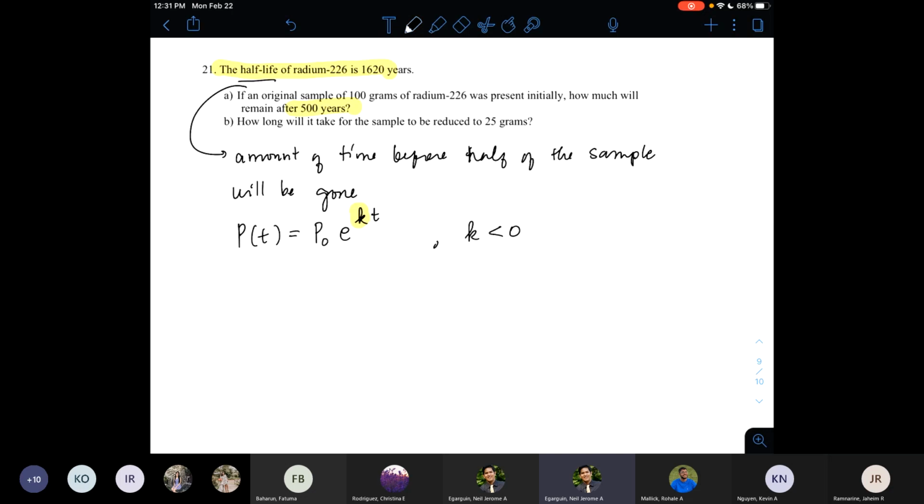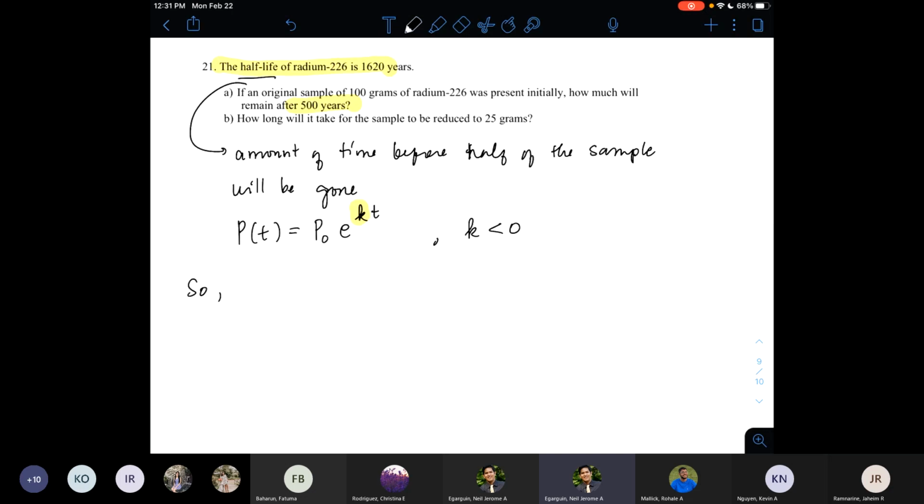And remember how we defined half-life. We said that the half-life is the amount of time before half of the sample will be gone. So that means in 1620 years, because that's the half-life, it will take 1,620 years for half of the radium to be gone.